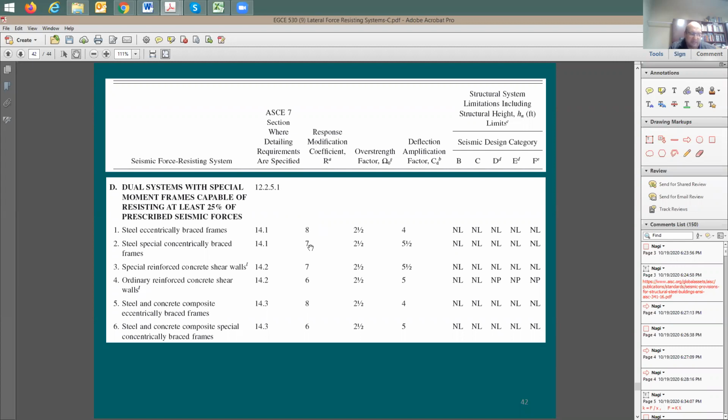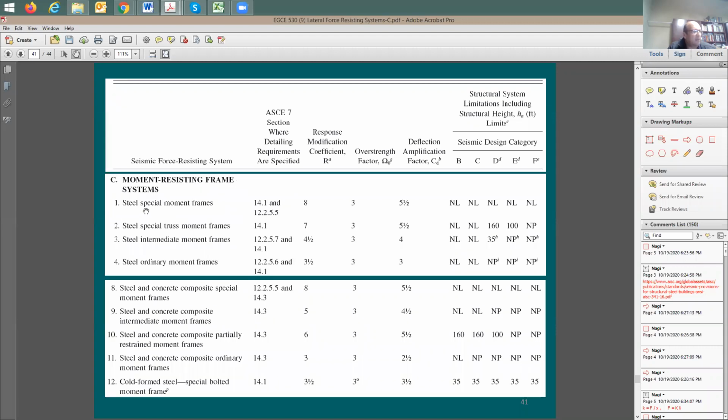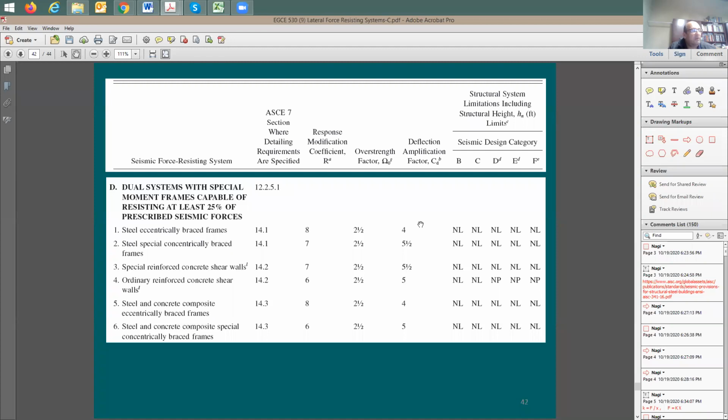So if you do a dual system here, and you bring a special moment frame and add it to a concentric brace frame, your R factor would drop down to 7. So if I'd like here to propose two systems and ask you which one is more ductile, is it the special moment frame just as a moment frame system, like in here, I'm going to call it C1 system, or D2, which means a special moment frame with concentric brace frame.